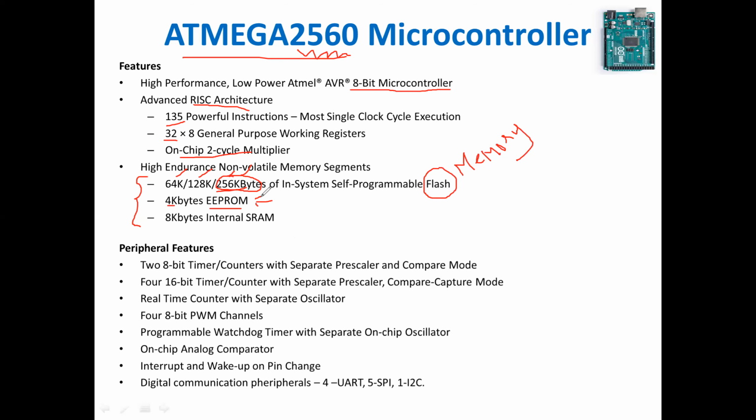See, for many applications, I will tell you where this EEPROM is used. For example, if you switch off your PC, your personal computer, and after 8 hours you switch on your applications once again.